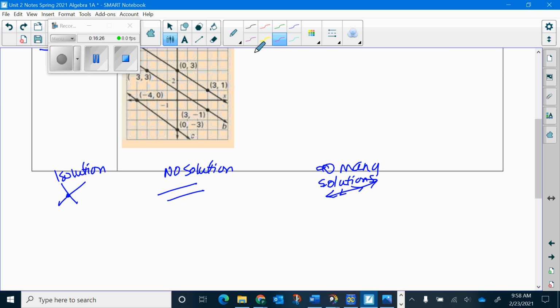Let's talk a little bit about each one of these. These are called intersecting. These are parallel. And these are the same. So when I'm looking at this, they have to have different slopes to intersect.